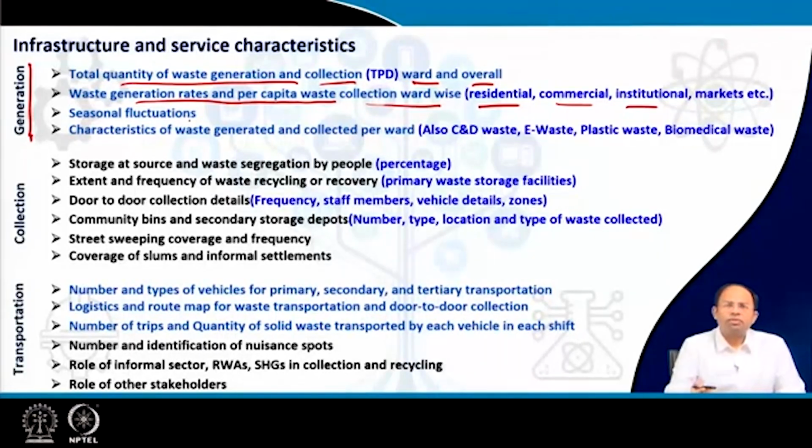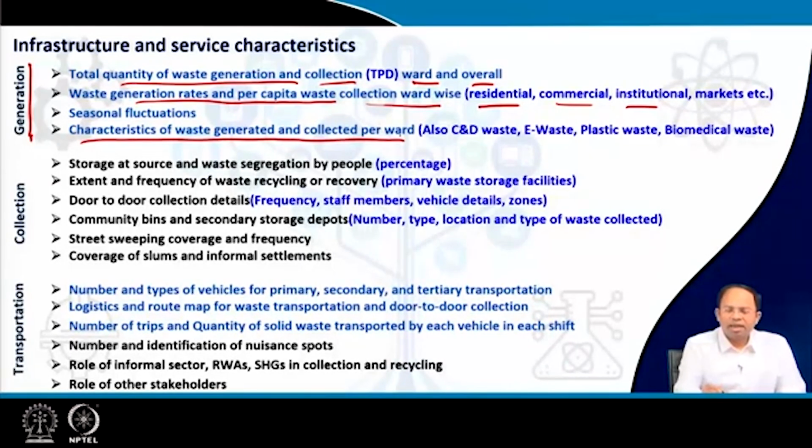Seasonal fluctuations in waste generation, how this varies in different seasons, right? That will play a role in the transportation system design maybe. And the characteristics of waste also change in different seasons, so the incineration plant processes have to be adjusted, and many other things need to be changed.